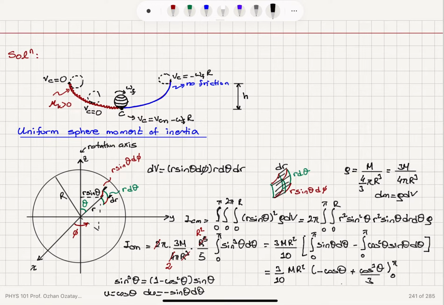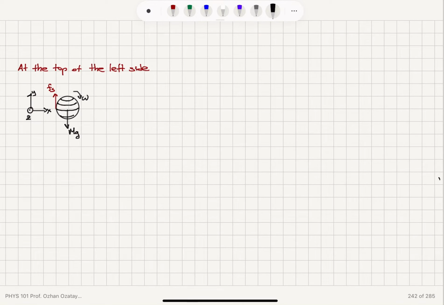All right, so we can basically plug in the numbers here for theta. So I center of mass will be equal to three over 10 m r squared.